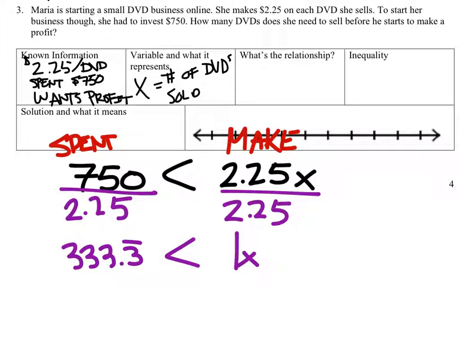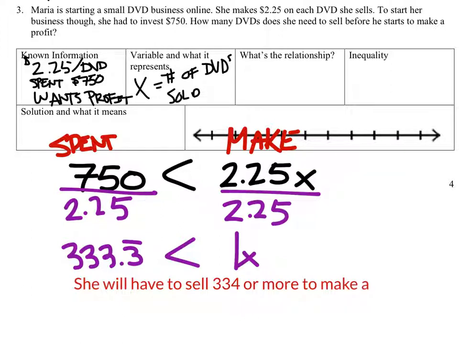Because if she only sells 333, then she hasn't met the equal part of that to break even. So she's going to have to sell more than that, meaning 334. So she will have to sell 334 or more to make a profit.